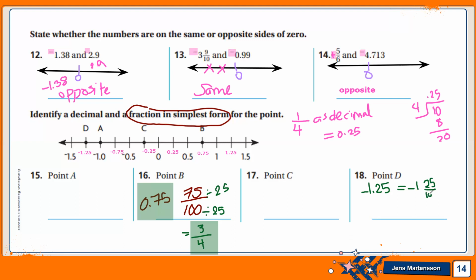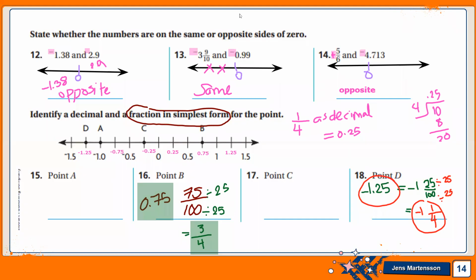Then we will divide it by 25. You will simplify it by dividing by 25. Then it's negative 1 and 1 over 4. Bravo. Thank you so much, Yara.